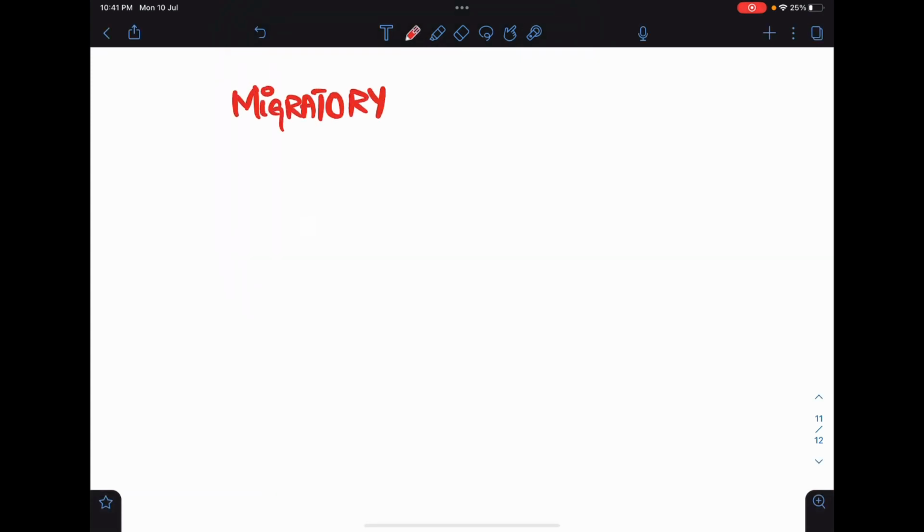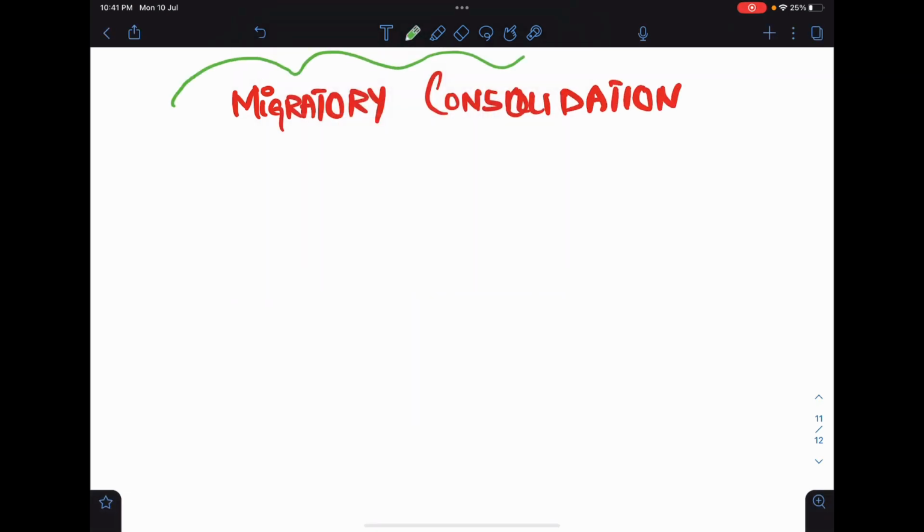The other is migratory consolidation, a transient airspace opacity that changes in location over time.